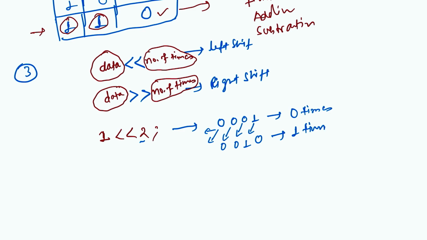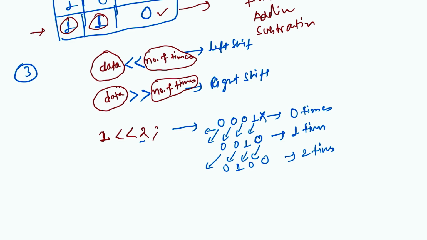Now in the second time, what happened? This will go out, this 0 will come here, this 1 will be here, and again 0 will come. So this is the second time. So when we are shifting right to left, and there is no number after this one, then we put 0 and shift one by one.